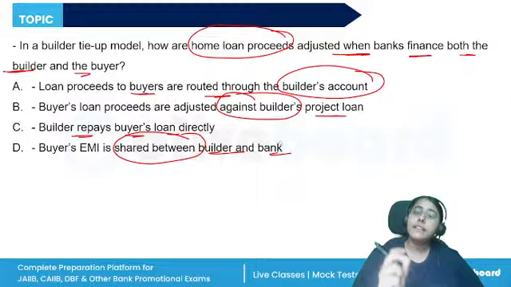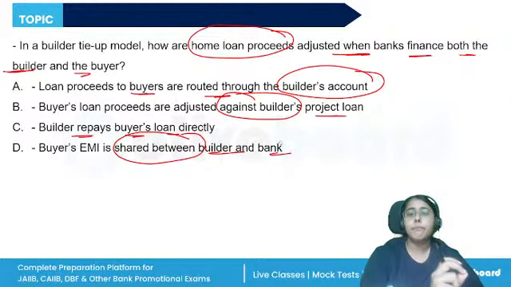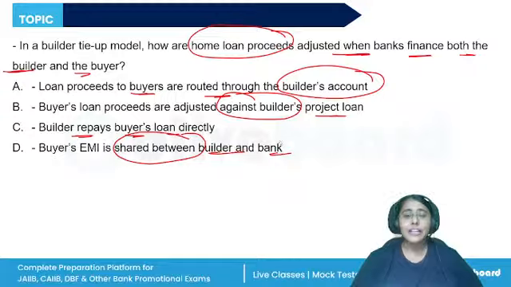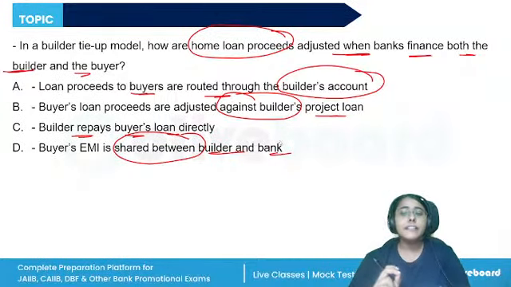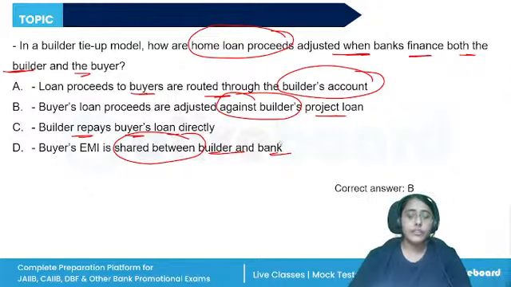Builders will in turn refer their buyer customer to the bank for the home loan. In this scenario, the banks will finance the builder and enter into an arrangement with the builder for repaying the loan from the proceeds of the sales to the different buyers. So the correct answer is B.